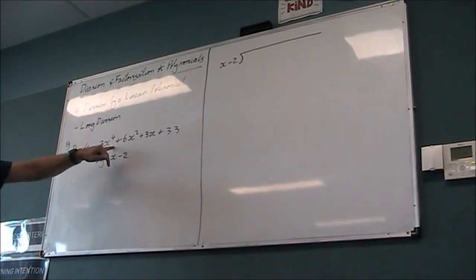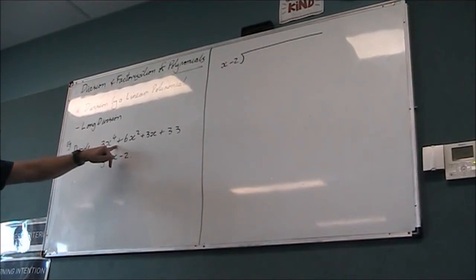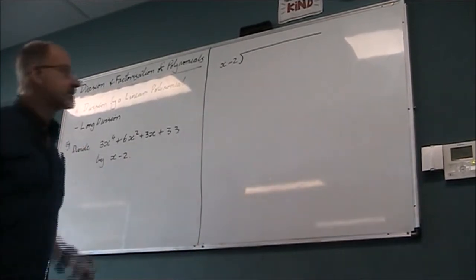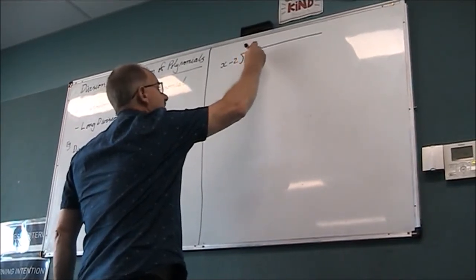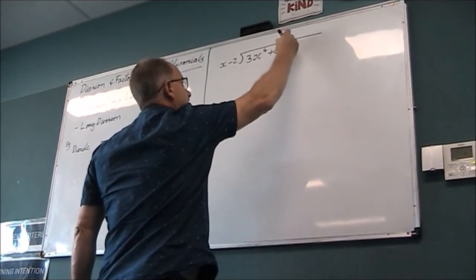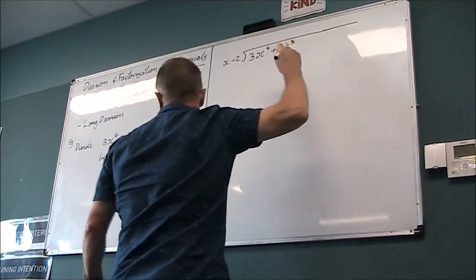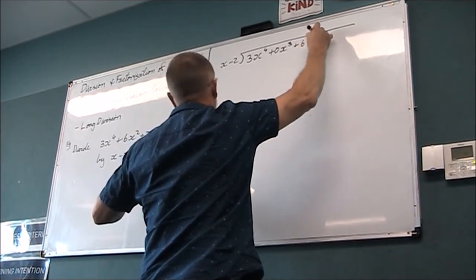Now you'll notice this one doesn't have an x cubed term, so if you're going to do long division, so you don't get lost, you put 0x cubed in.